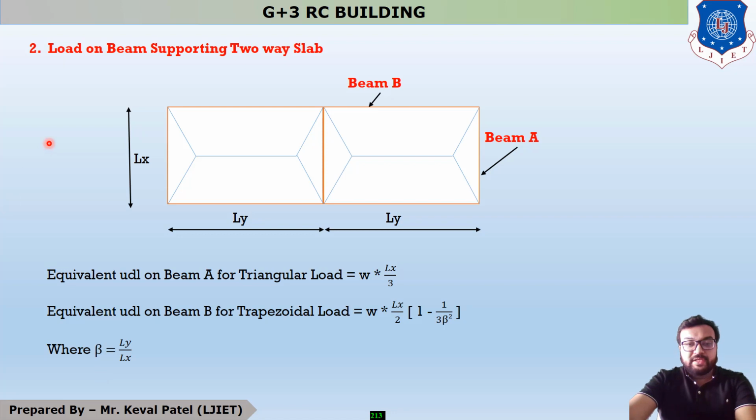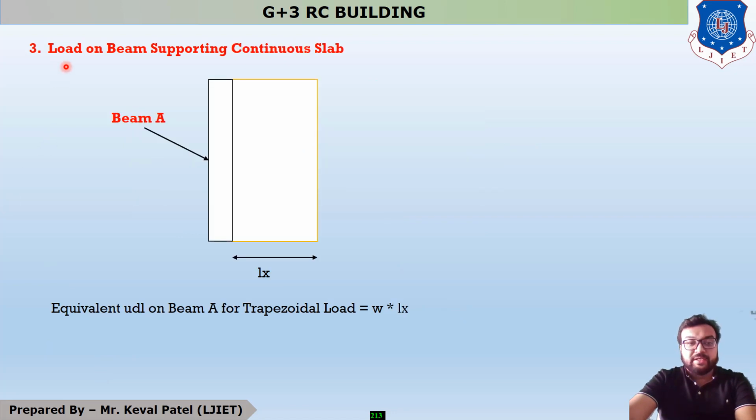So this is case number 2, and your last case is the load on a beam supporting a cantilever slab. This is a cantilever slab. Say this is your chhajja. When there is a chhajja, all the loads of the chhajja go to the supporting beam.